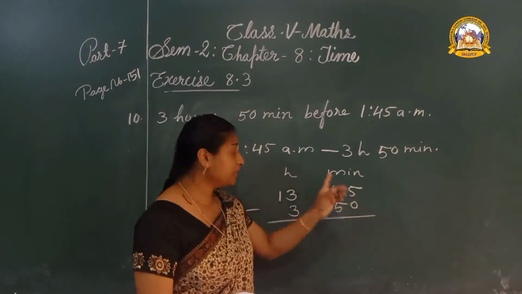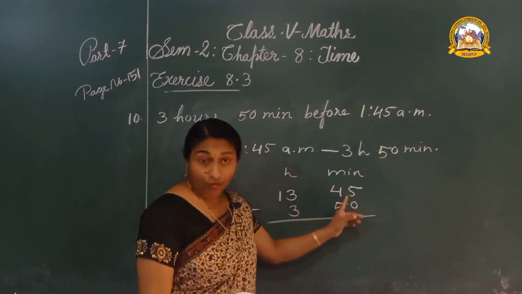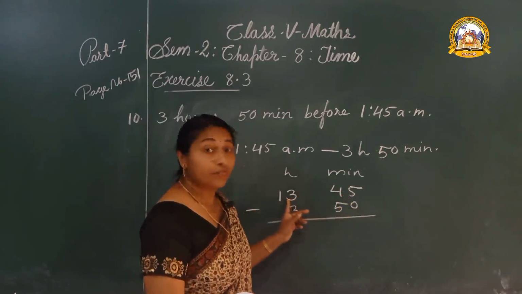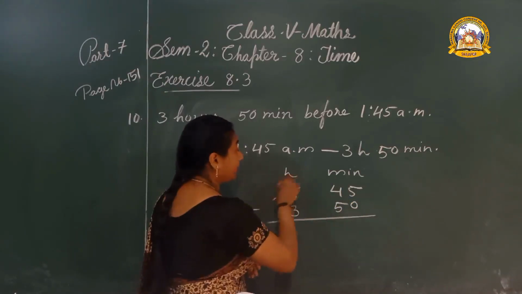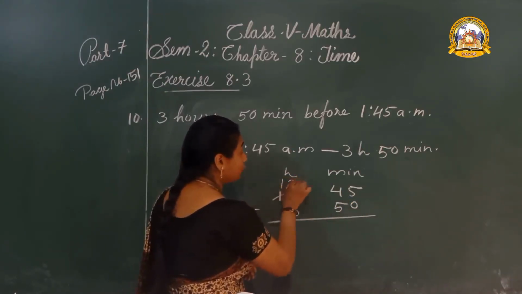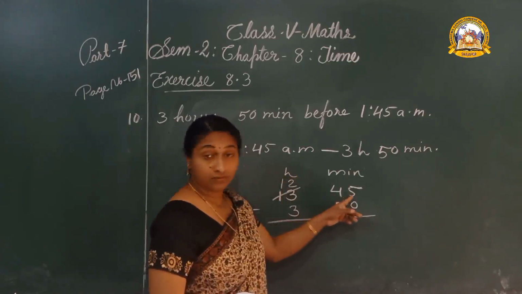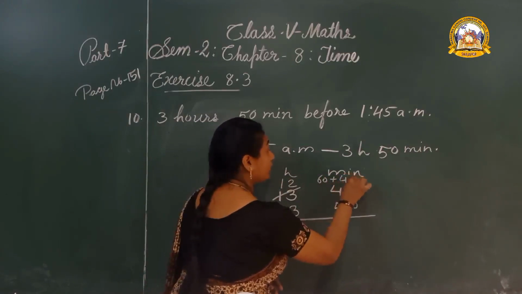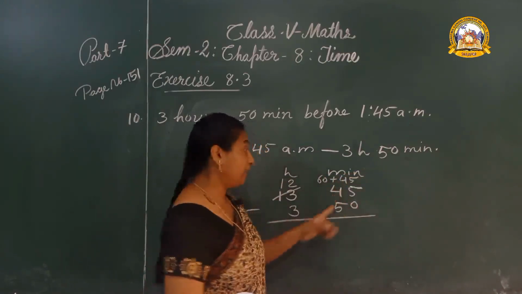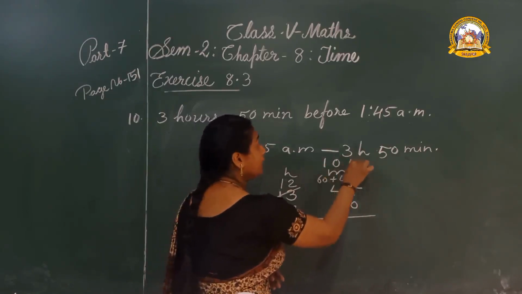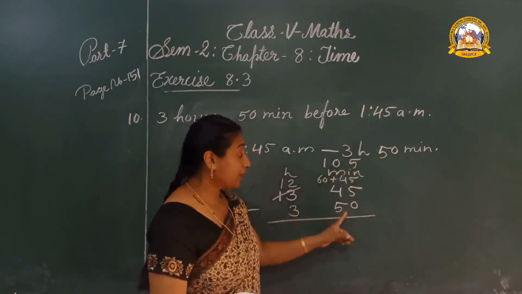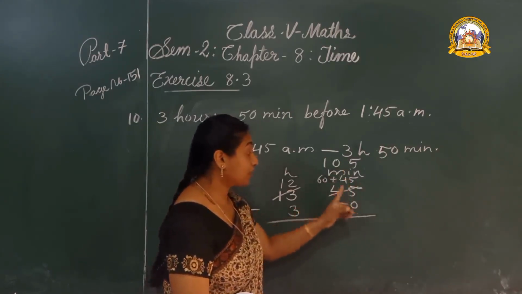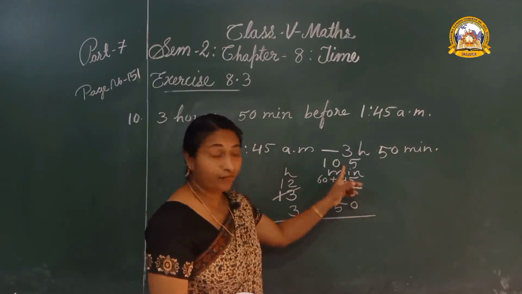Okay, children, can we subtract this 50 from 45? No. So what should we do? Yes, we have to borrow 1 hour from hours column. Okay, so this 13 will become 12 and 45 will become 60 plus 45, 105. Now we can subtract this. So let us subtract this 50 from 105.